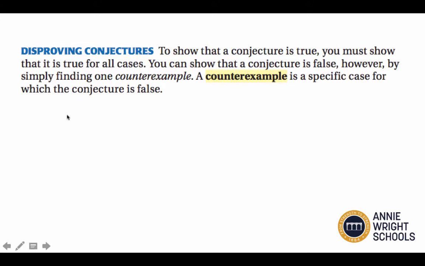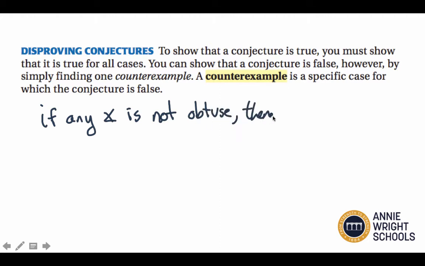So a simple conjecture to prove is false is if an angle is not obtuse, then the angle is acute.